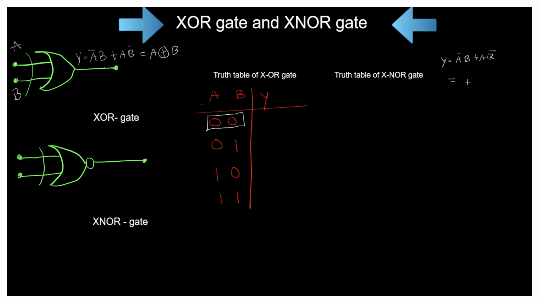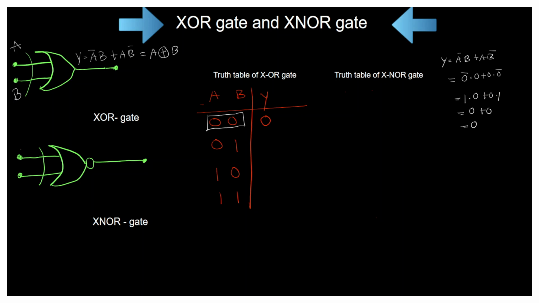So 0 complement dot 0 plus 0 dot 0 complement. The complement of 0 is 1, so 1 dot 0 plus 0 dot 1. 1 dot 0 is 0 plus 0 dot 1 is 0. So the answer is 0. That's why you will get 0 here.